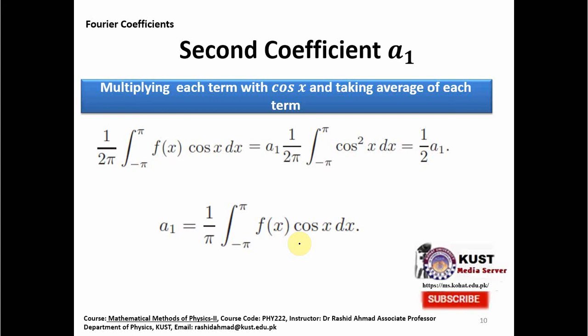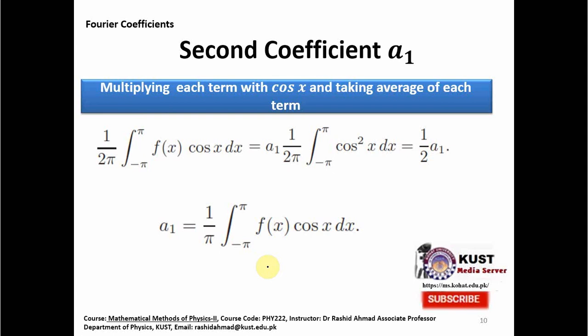So in this way you might have learned how we can derive the general formulas for the coefficients. Now for the next term, which is cos 2x, you know that you have to multiply the whole series with cos 2x and take the average values, then only the a2 term will survive, all other terms will go away, and we will get a2.